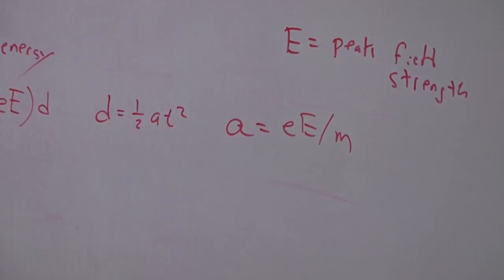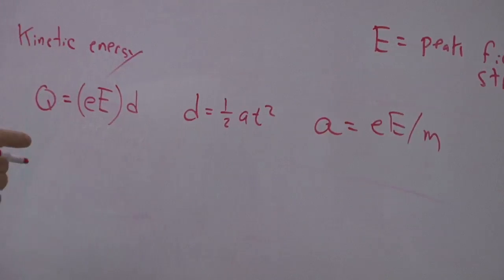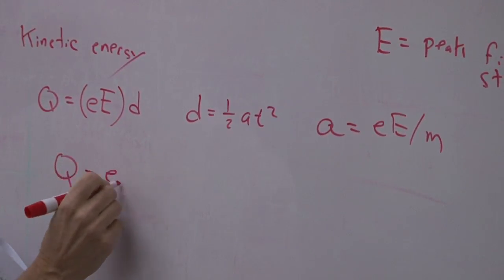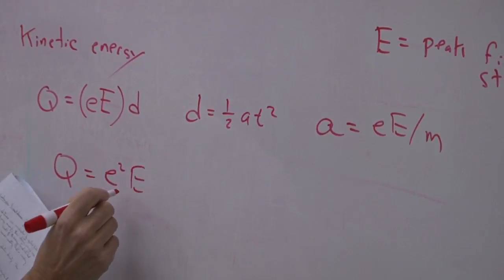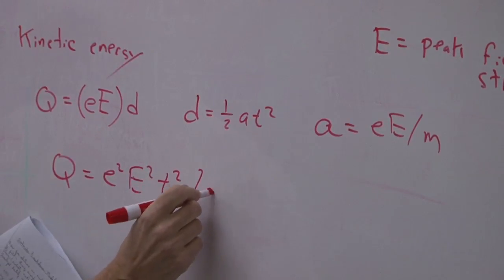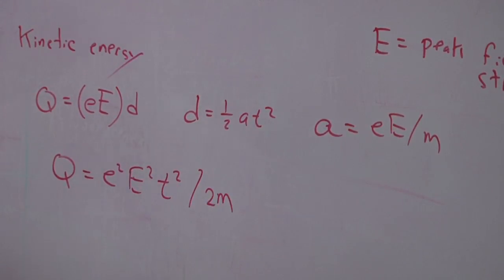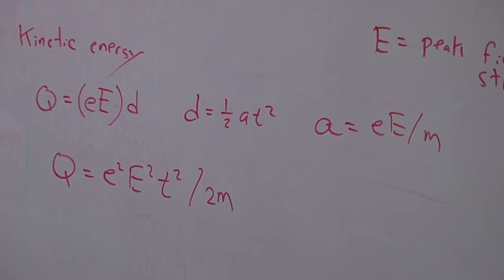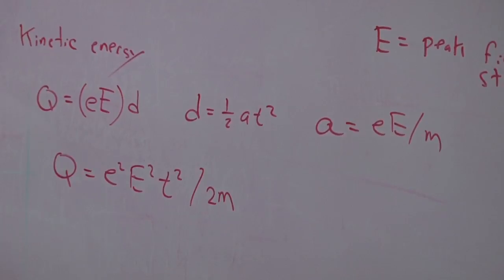And E is just some measure of the peak electric field strength of the pump laser beam. So you put all of this together and you find that Q is equal to E squared t squared over 2m. t squared, just like half an hour ago. Fermi got rid of this one way. We're going to get rid of this the other way.